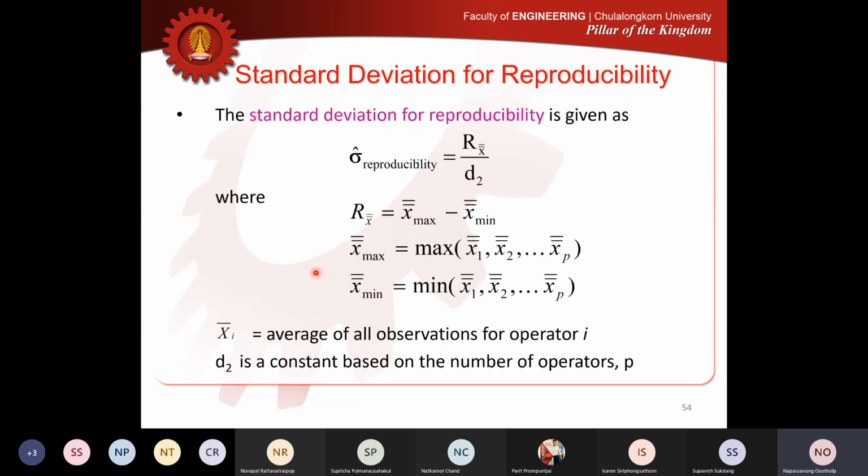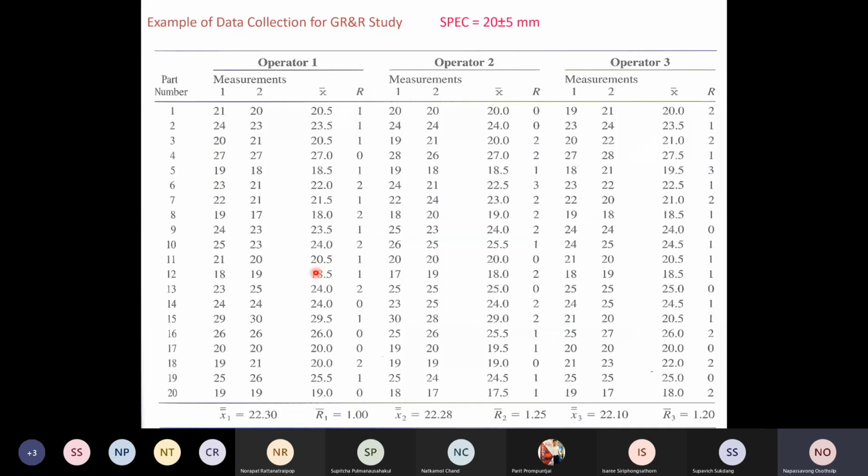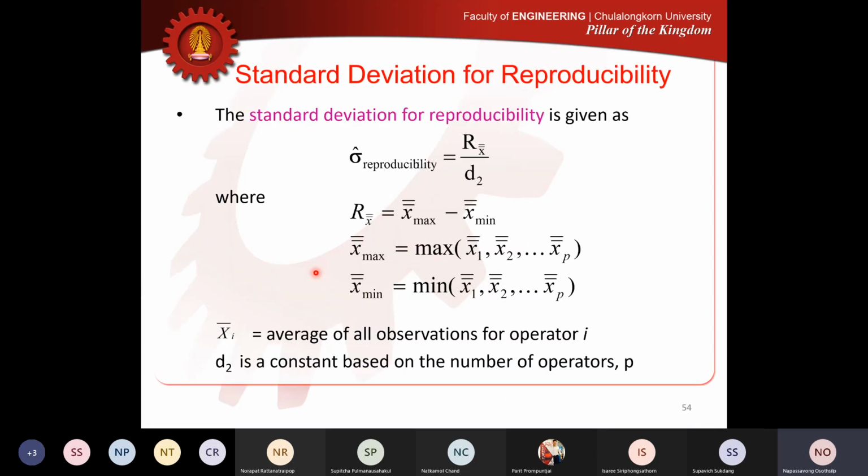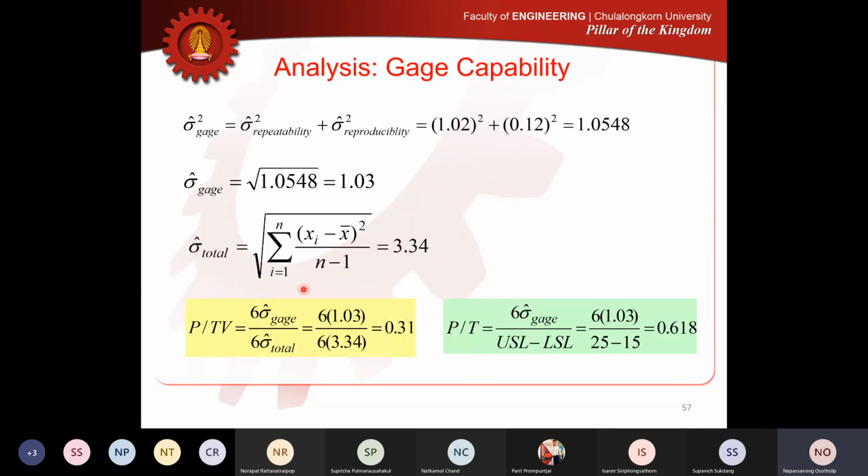The 120 observations come from 20 parts times 3 operators times 2 measurements each. So if you have to do it by calculator, you need to plug in 120 numbers in there to quantify sigma total.